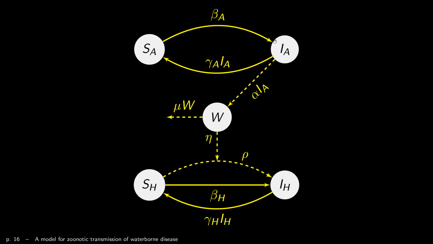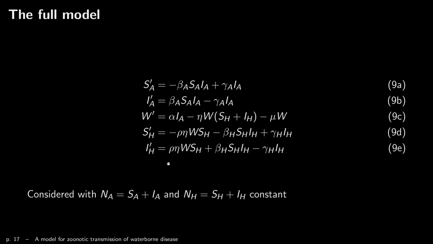Exactly like we saw in Capasso, the rate of contamination here is alpha IA, and then there's a rate at which humans uptake the contaminated water, and that leads to transmission. But there's also potential for transmission directly from human to human and animal to animal.